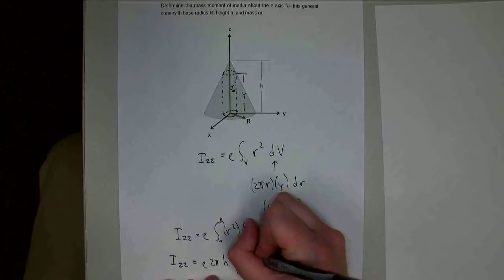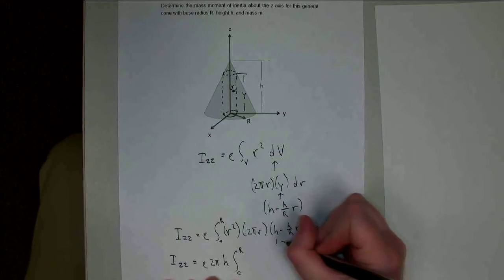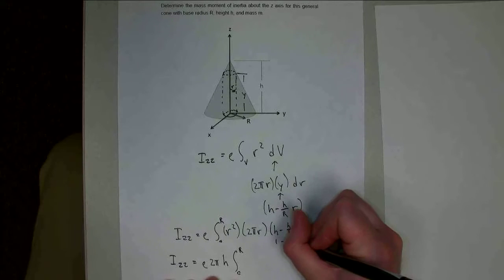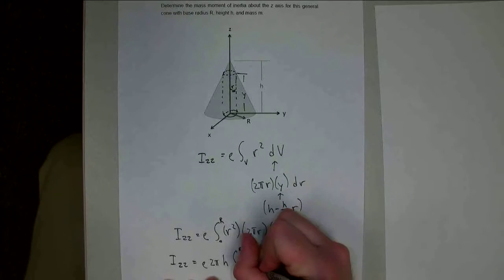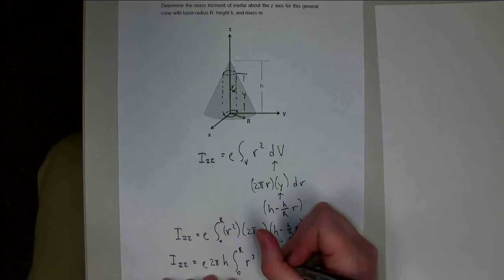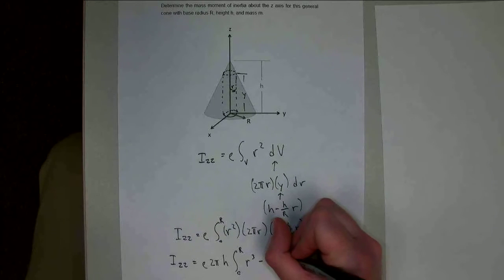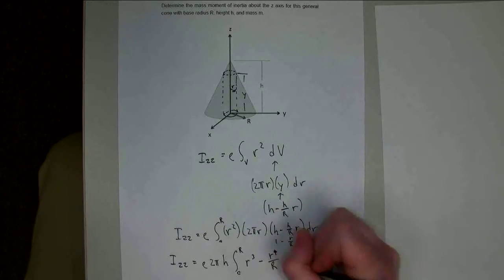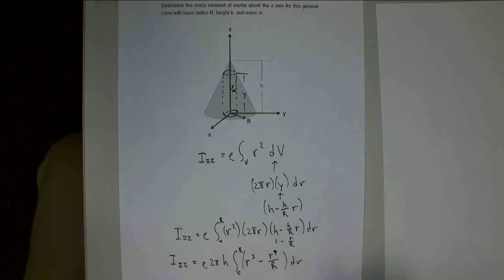So 0 to big R. I'm going to have an r cubed term between this r squared and this r, and what I'm going to have left over is 1 minus little r over big R. If I multiply this by r cubed, I'm going to have r cubed minus little r to the 4th over big R. And that whole thing gets multiplied by dr.